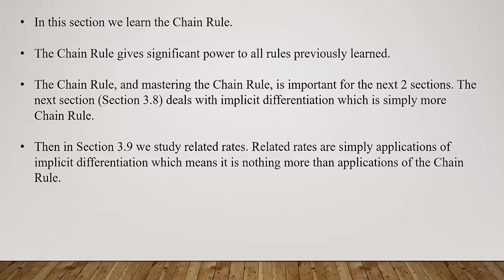But it's not going to be that bad, because related rates are just applications of implicit differentiation. Which means, since implicit differentiation is nothing more than the chain rule, we're just looking at applications of the chain rule. So again, folks, I can't stress enough how important mastering this section is.